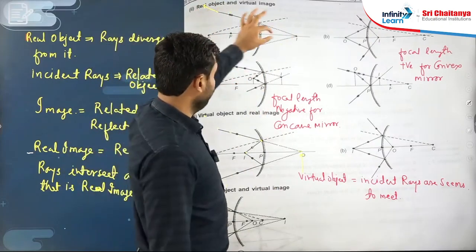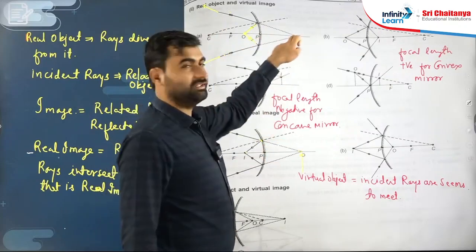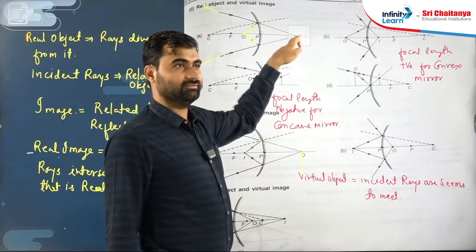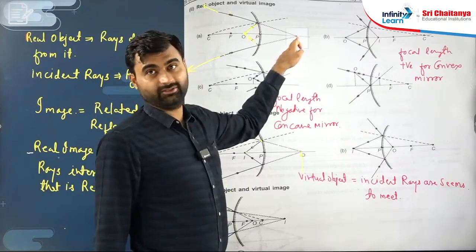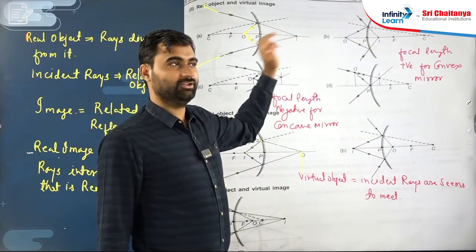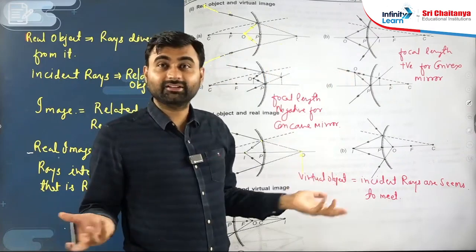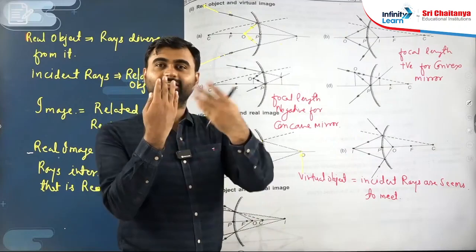But if we extend them, it seems that these rays are coming from here, right or not? So this is the position of the image. Which image? Virtual image, right or not? Why? Because it is behind the mirror. Behind the mirror, nothing is there.